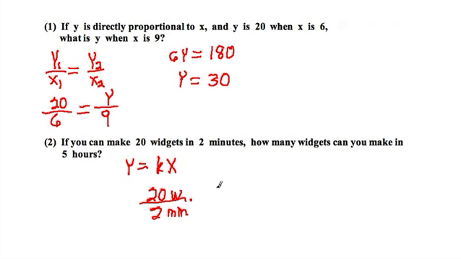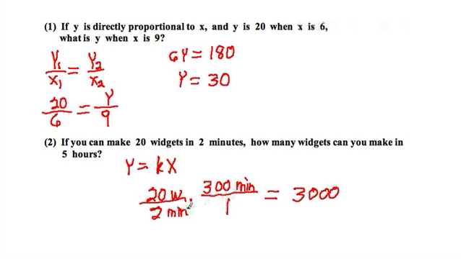So 5 times 60, because there are 60 minutes in an hour. Because if this is minutes, x has to be in minutes. So that's 300 minutes. And that gives us 10 times 300, which gives us 3,000.